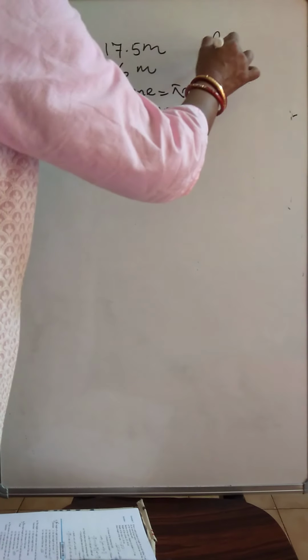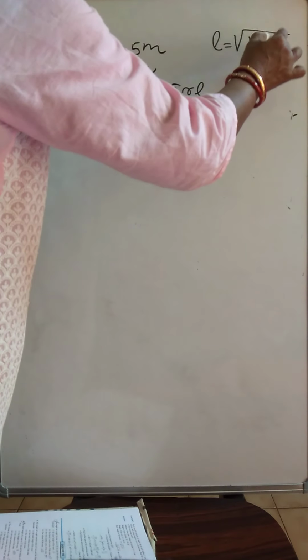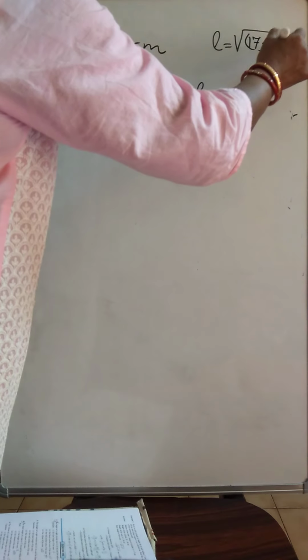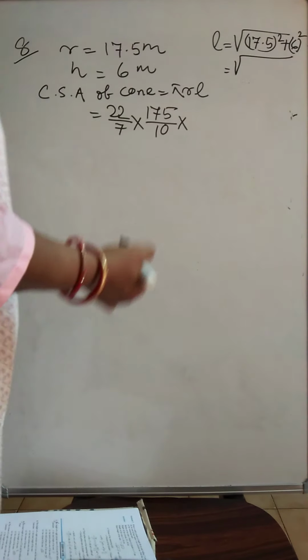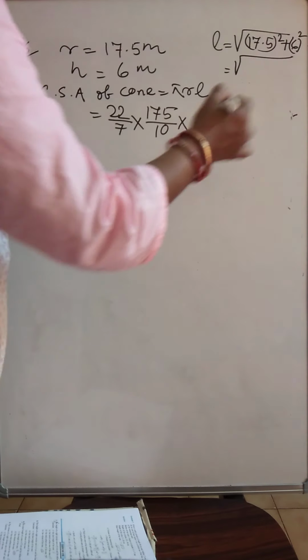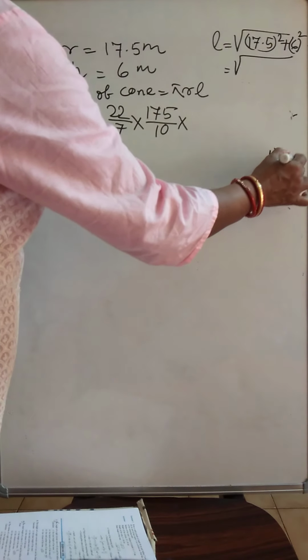So to get L, it is 17.5 square plus 6 square. I'll find out 17.5 into 17.5.